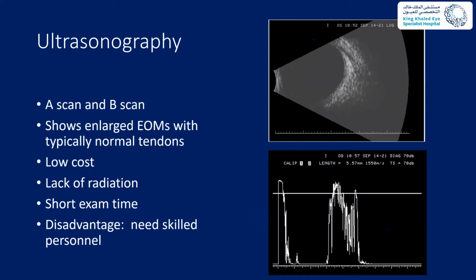Ultrasonography is often useful for adjunct testing and may be ordered as an A scan and B scan. This test typically shows enlarged extraocular muscles with typically normal tendons. The advantage is the low cost, the lack of radiation, and a short exam time, the disadvantage being a need for skilled personnel.